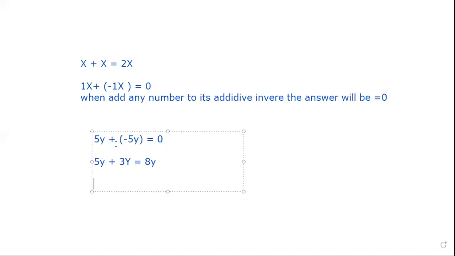So the answer will be equal to 0. If it's a number plus a number that is not negative, it adds. We will add. But what is the condition, Nano? The same variable. Excellent. They have the same variable. Very good. So we have 5y plus 3y equals 8y. So once we have the same variable, we have to add them together. Okay.